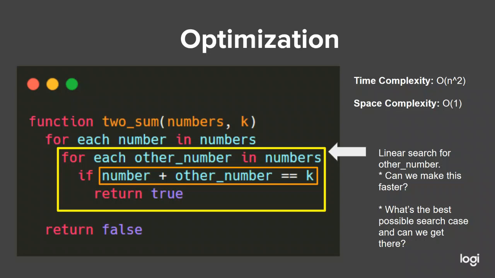I'd be sorting a new array of numbers inside my loop for each number that exists in the original numbers array. And so you might say, okay, maybe I could just sort the original numbers array and come up with an entirely new algorithm for solving this problem.